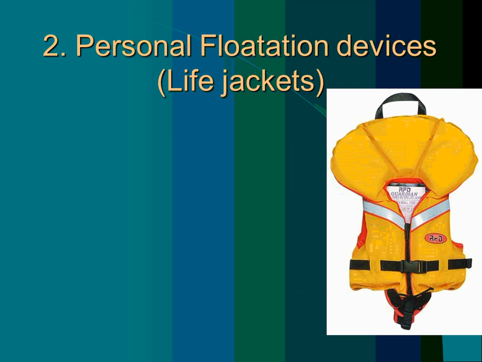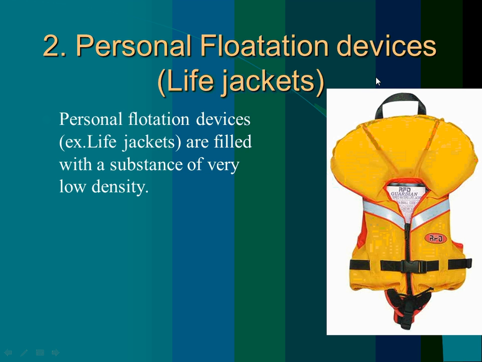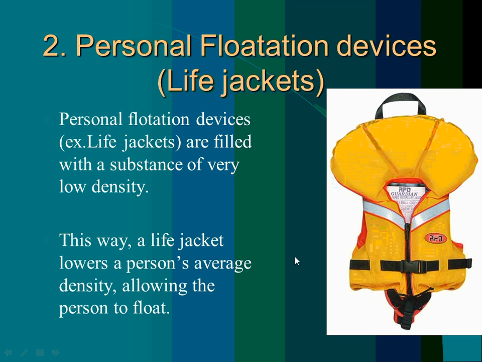Number 2, personal flotation devices, better known as life jackets. Personal flotation devices are filled with a substance of very low density. This way, a life jacket lowers a person's average density, allowing the person to float.